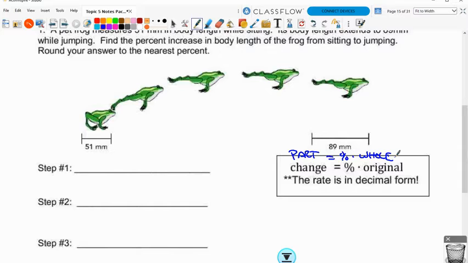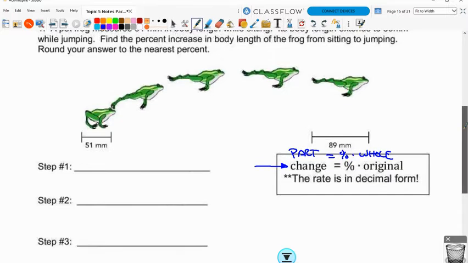When we're dealing with a percent change, the equation becomes change equals percent times original. The rate, though, still has to be expressed in decimal form. So this percentage here, in order to use this equation, we would have to change it into a decimal first.